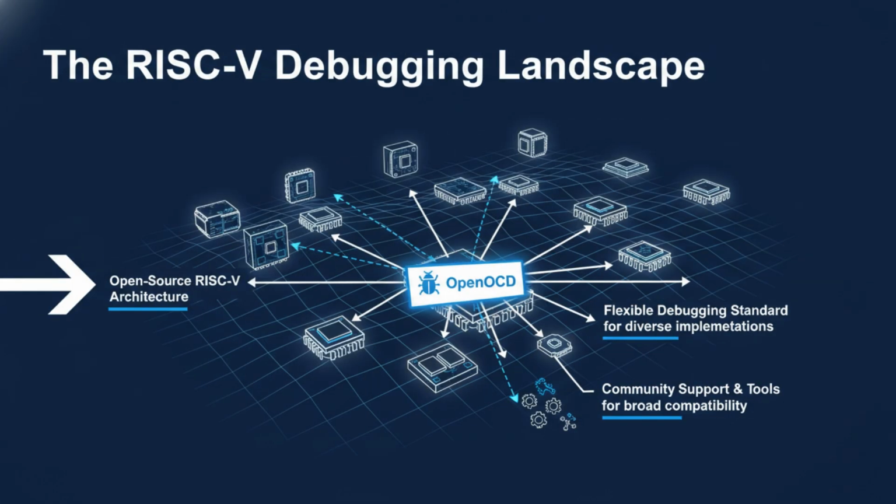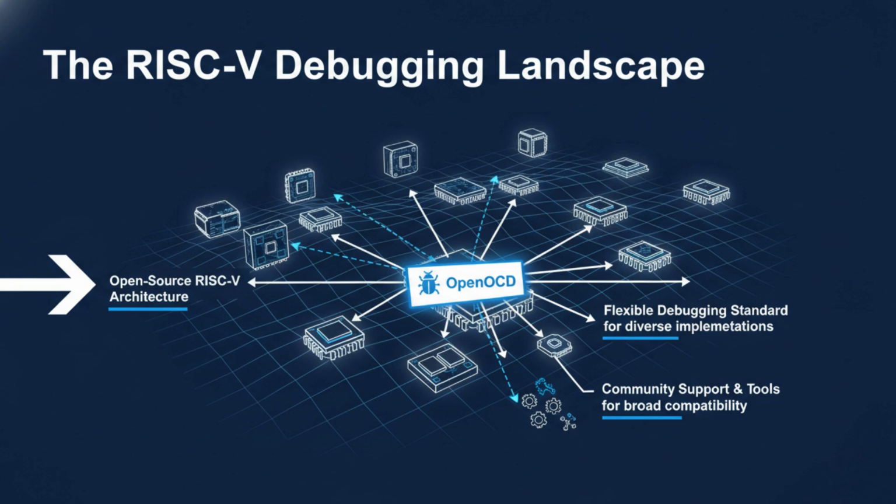RISC-V is an open instruction set architecture that's rapidly gaining traction in the embedded space due to its flexibility and open nature. Unlike proprietary architectures, RISC-V offers unparalleled freedom for designers. This flexibility, however, also means a diverse range of implementations, each potentially with unique debugging requirements. This is where OpenOCD shines.